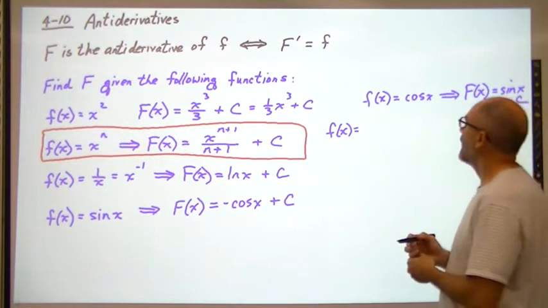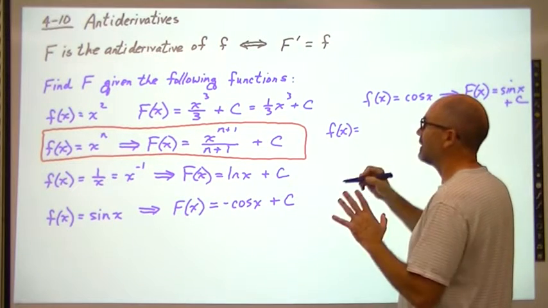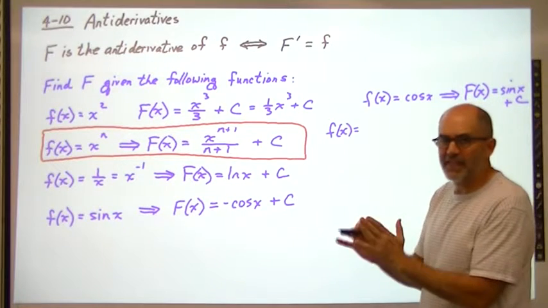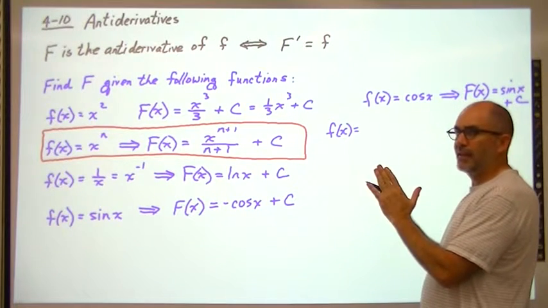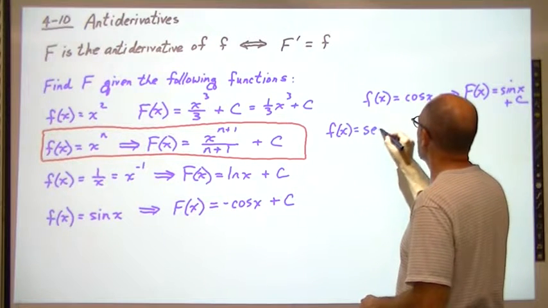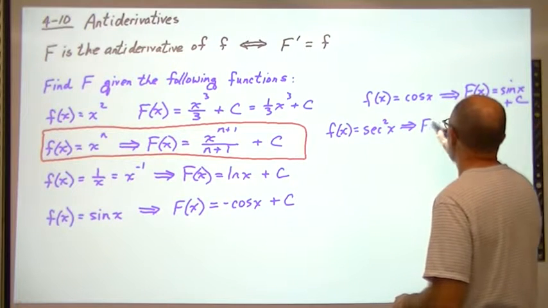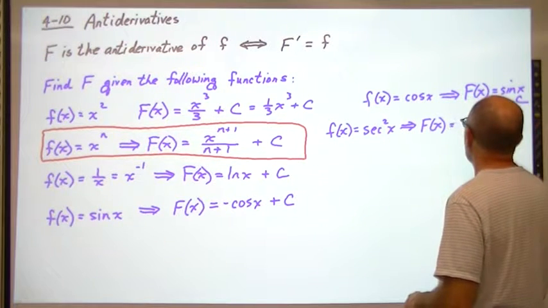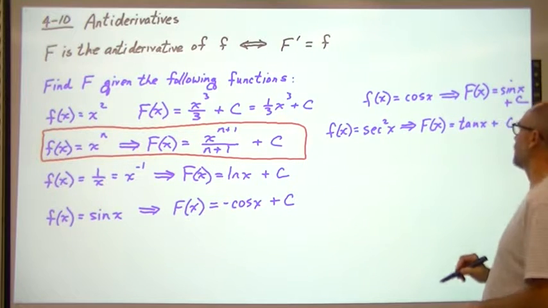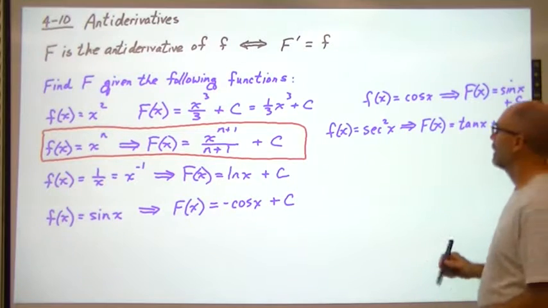But I can get the antiderivative of things that I already know the derivative of, right? So the derivative of tangent is secant squared. So that means if the original function is secant squared x, then the antiderivative of secant squared x is tangent x plus c, of course. Derivative of tangent, secant squared.